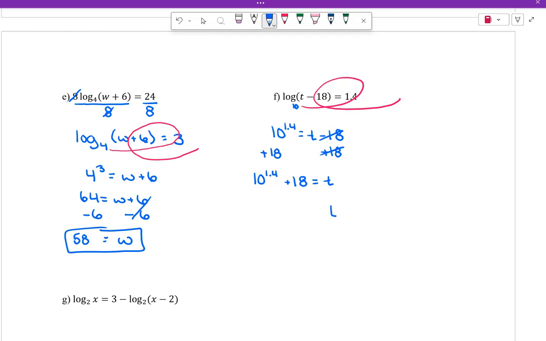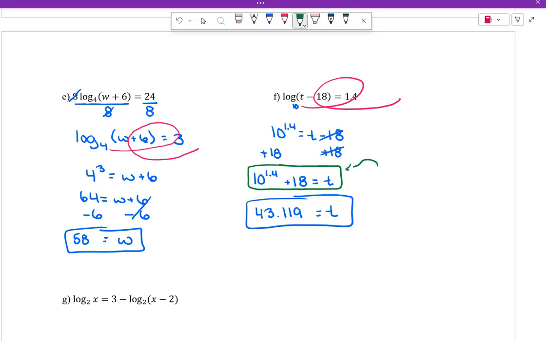So if you type that into your calculator, I had to go grab mine, we get 43.119. Okay, now sometimes in the book or in your homework, they ask for a solution set. That is what they are referring to.